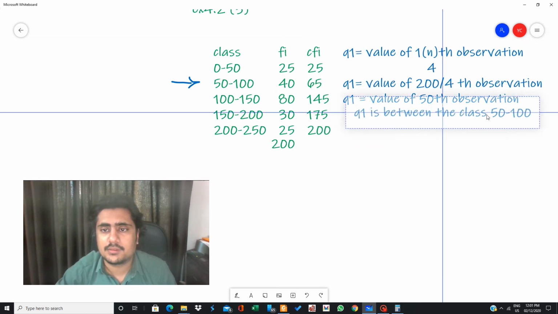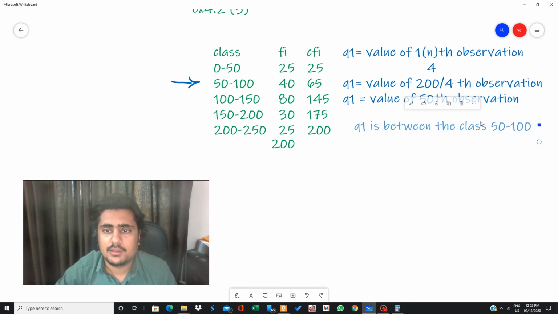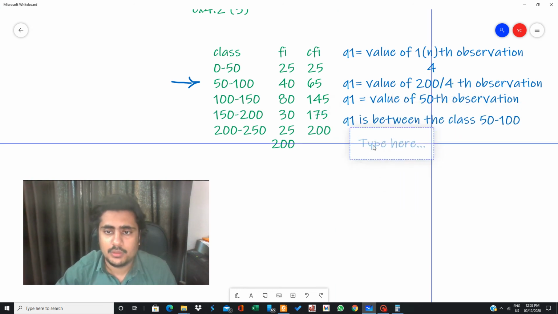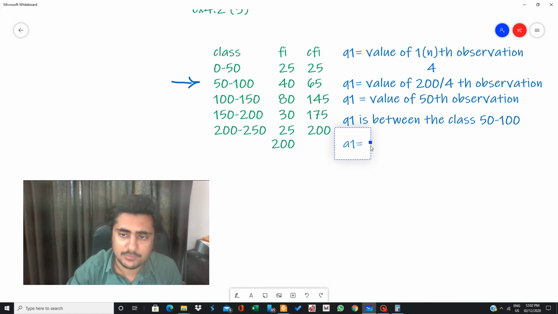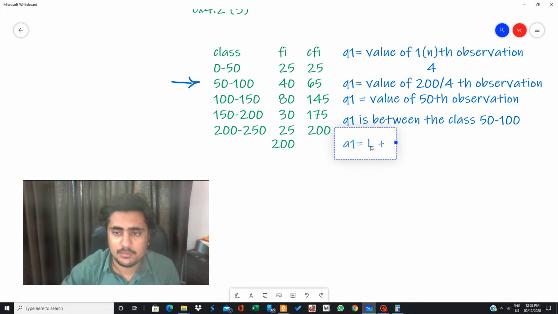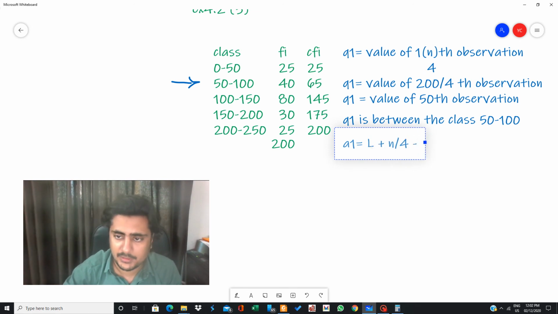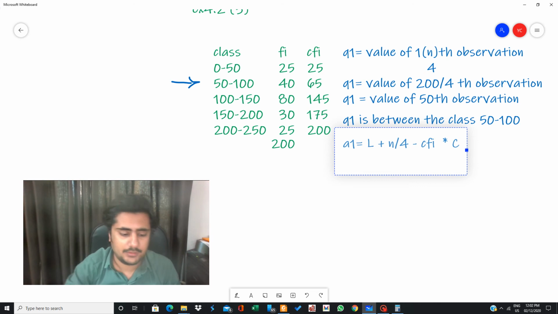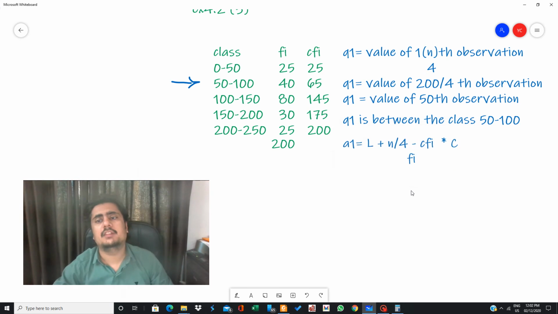To find Q1, you have the extended formula: L plus n by 4 minus CFI upon Fi into C. You know this formula very well.